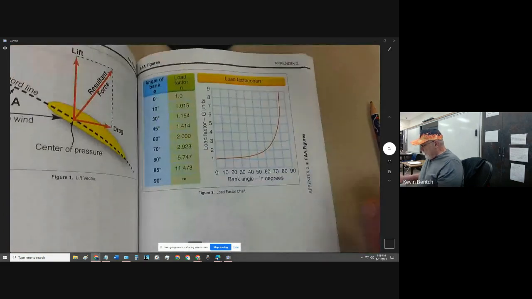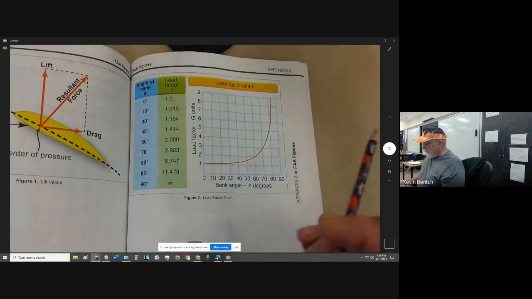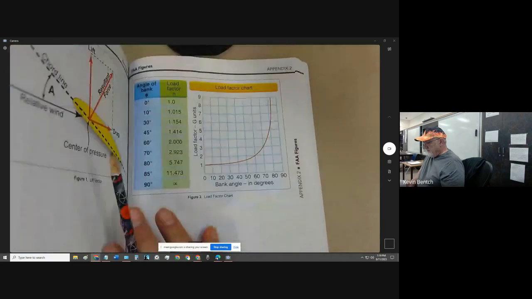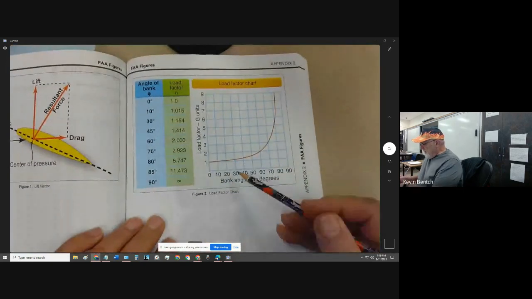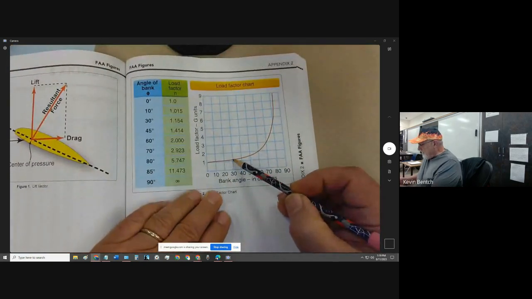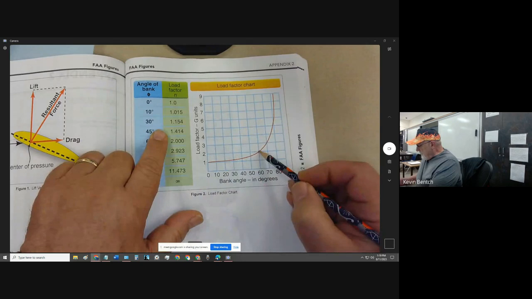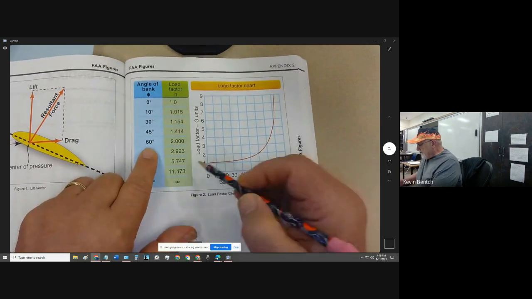Figure 2, here it is right here. So here's your chart. At a bank angle of 30 degrees, that's the load factor, 1.154. At an angle of 60 degrees, it's right there, and it is 2.